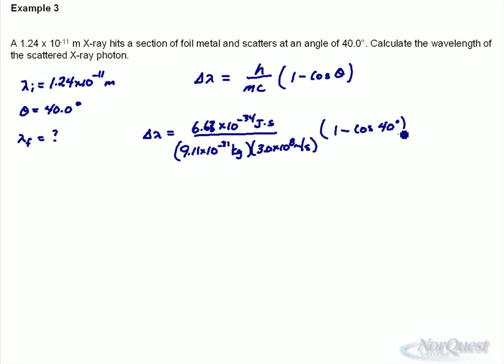I might want to punch in the h over mc first: 6.63 exponent negative 34 divided by 9.11 exponent negative 31 times 3 exponent 8. Work out that number, then multiply it by 1 minus cos 40 degrees, and we should end up here with... I think I've got the wrong mode on my calculator, and I do.